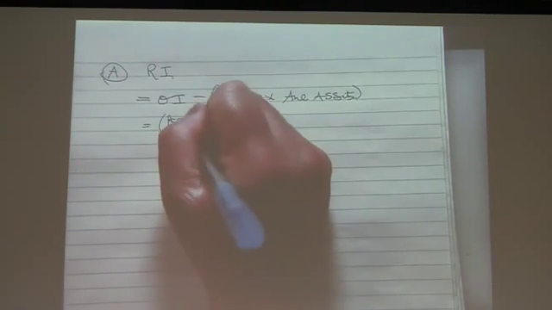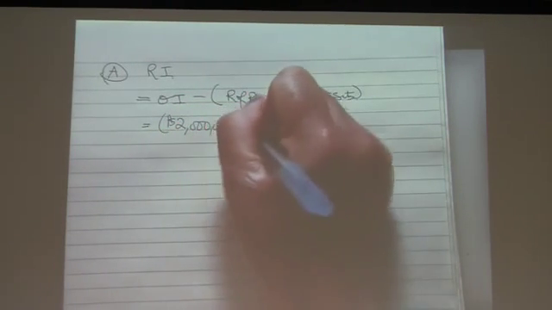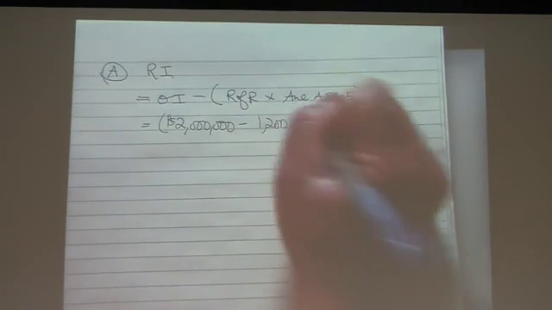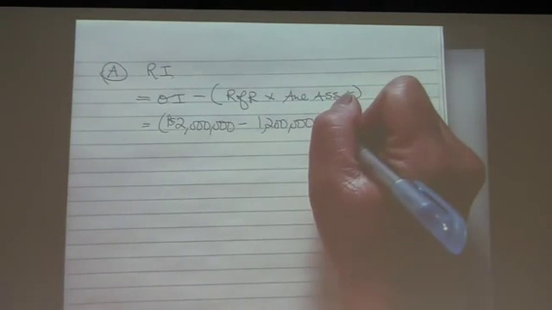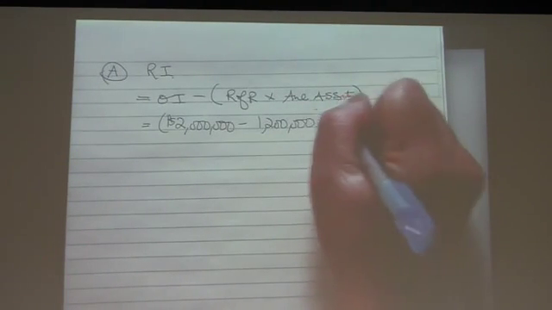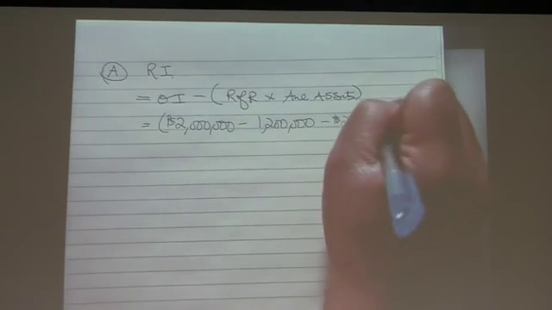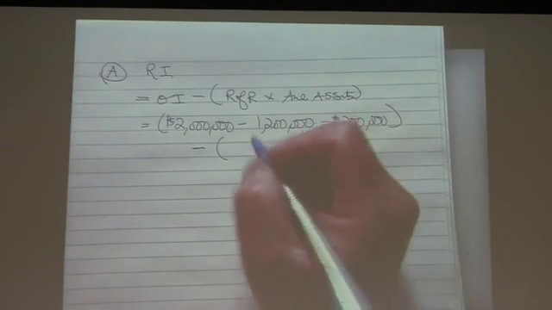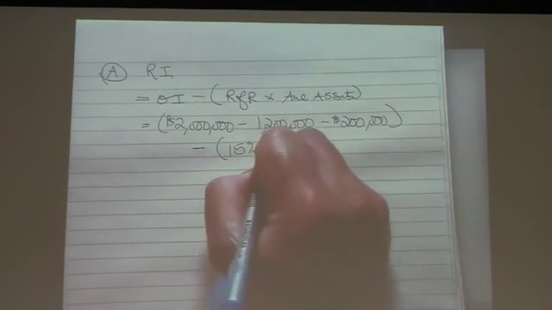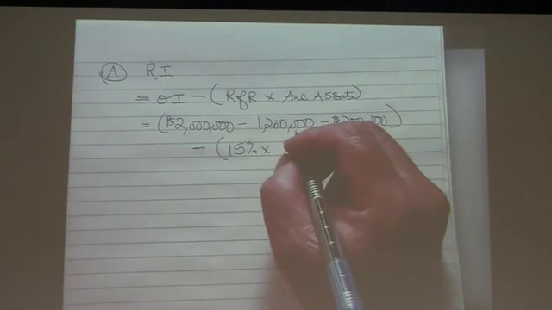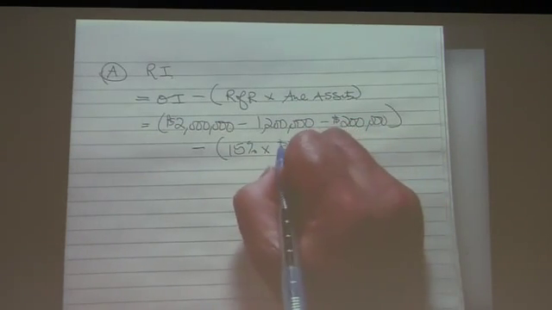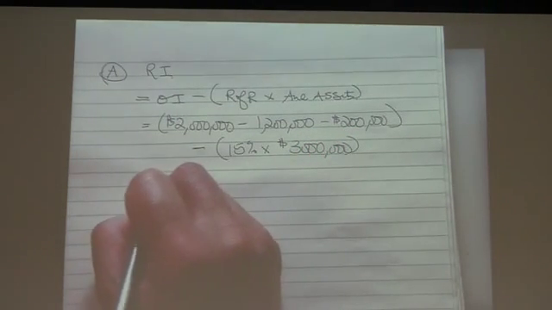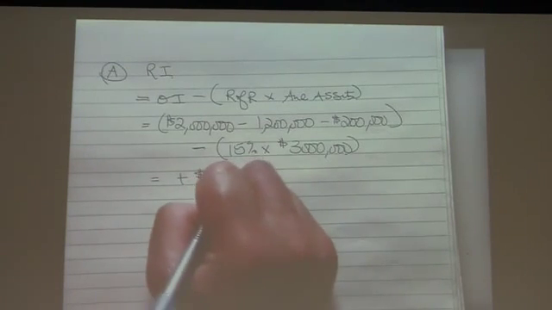It's 2 million, subtract the variable cost, subtract fixed cost, minus, what's the required rate of return? 15%, times the average invested capital of 3 million. And that gives us a positive of 150,000.